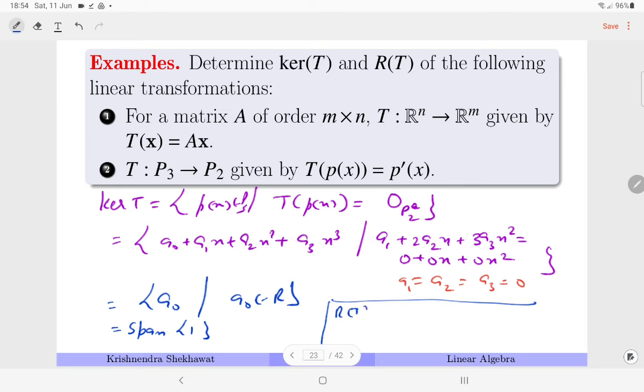So range of T is T of p(x), which is p'(x). p'(x) is a1 plus 2a2x plus 3a3x squared, where a1, a2, a3 belong to R. And this is a span of 1, x, x squared, which means the range T is equal to P2.